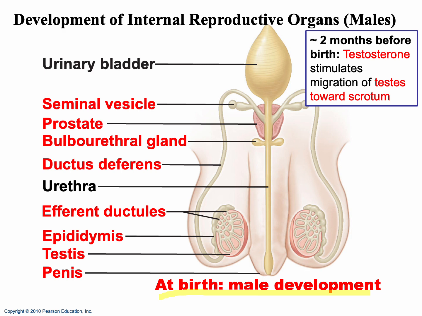So we can see the vas deferens, the bulbourethral gland, prostate gland, seminal vesicle, epididymis, penis, testis, etc. And then approximately 2 months before birth, testosterone, a very critical hormone here, will play a role in stimulating migration of the testicles towards the scrotum, which we'll look at very shortly here.